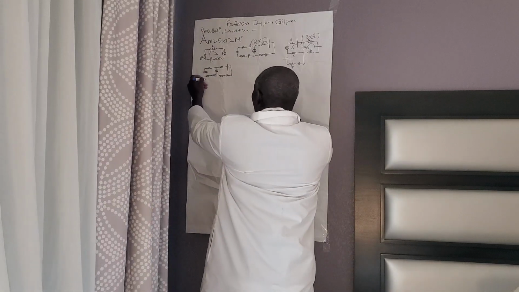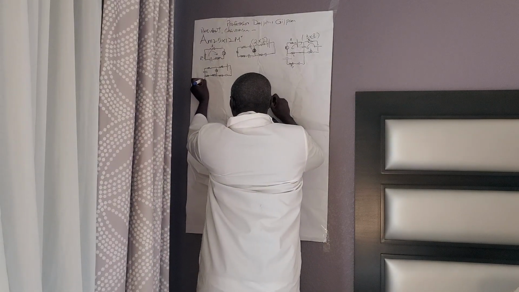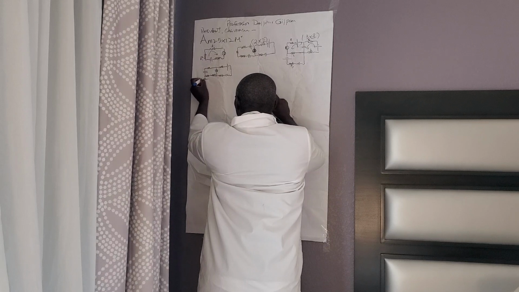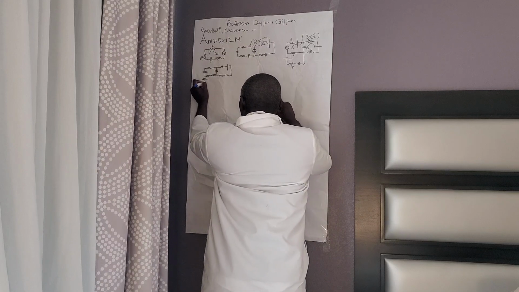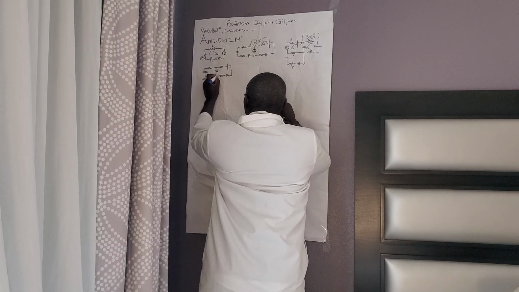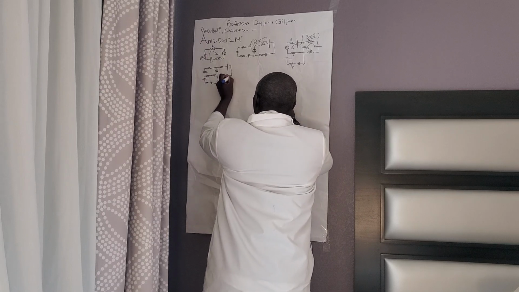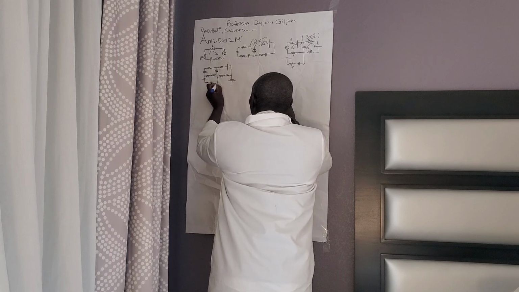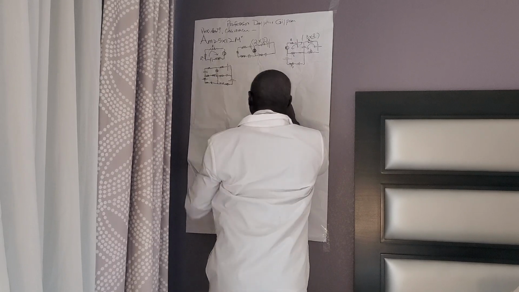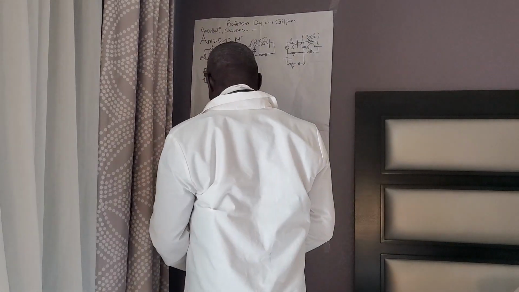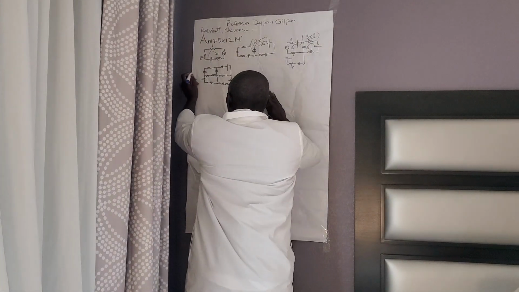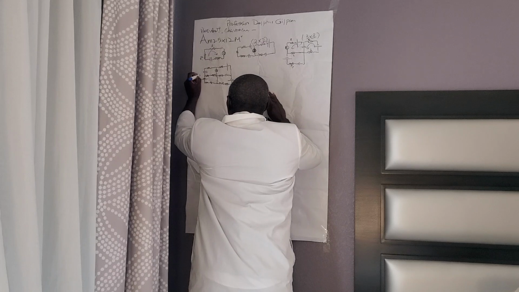So let's just put it like so. That represented the voltmeter. It's representing impedance. It's representing capacitance. And so we have resistance and inductance. Capacitance there. And so this represents our 4 by 4.